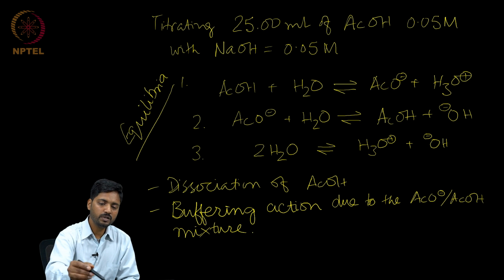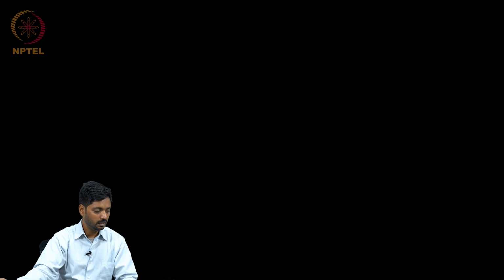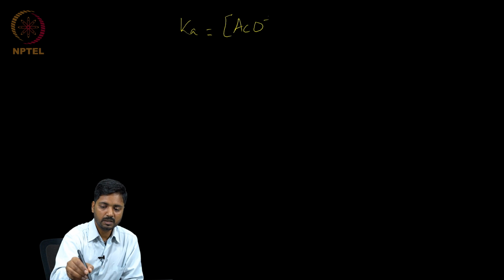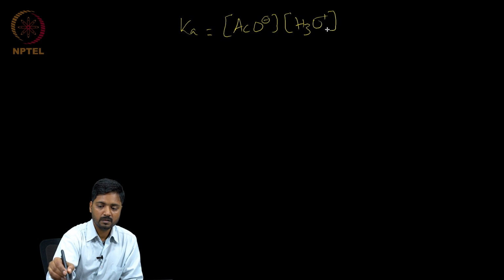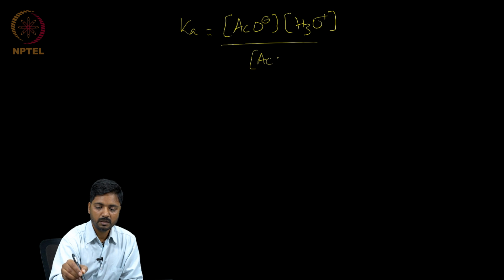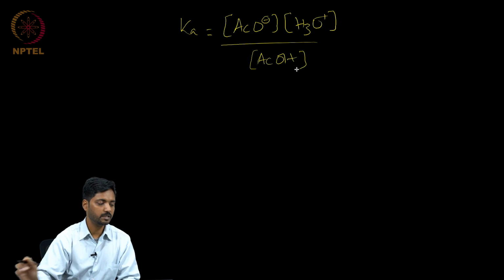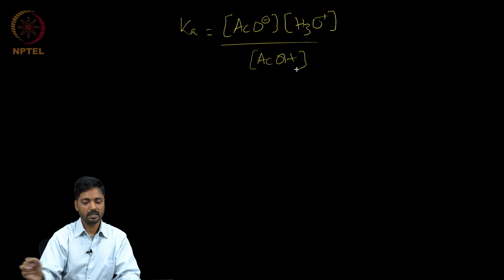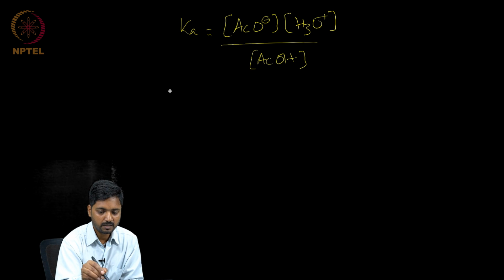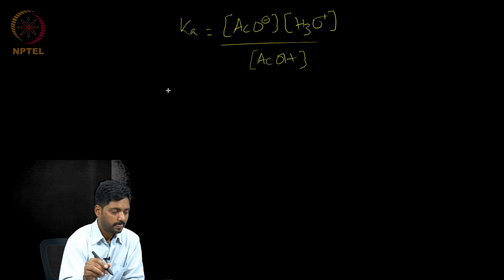So first things first, we calculate the initial pH. Before that, let us quickly write down the K value, which will be nothing but the dissociated form divided by the undissociated form of the acid.